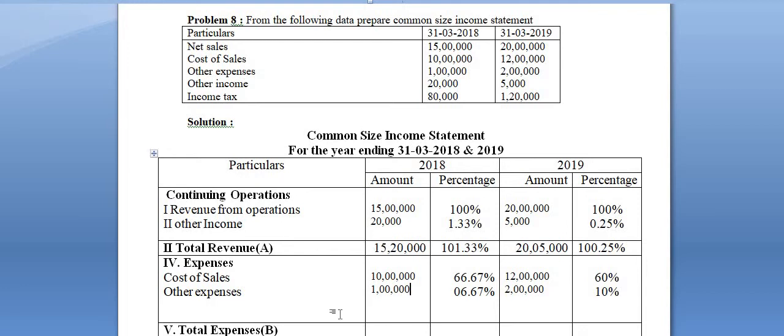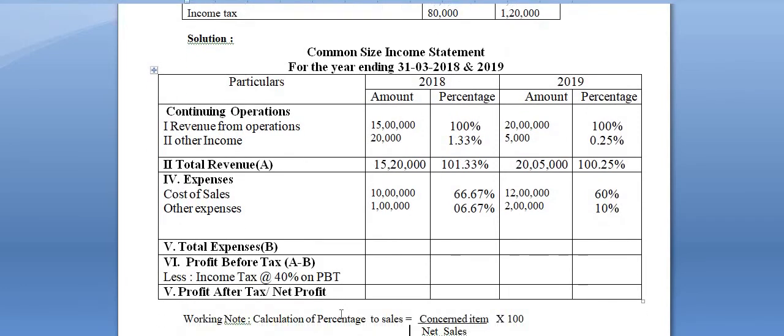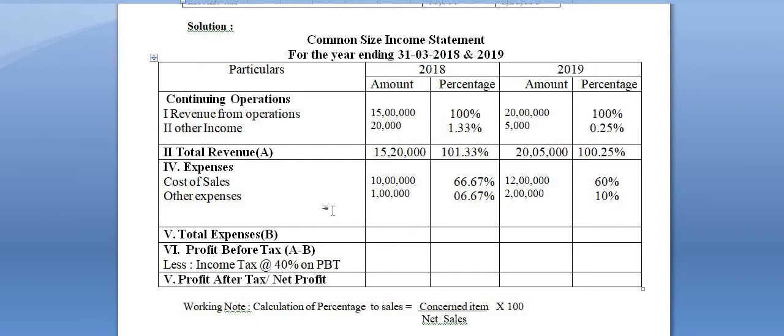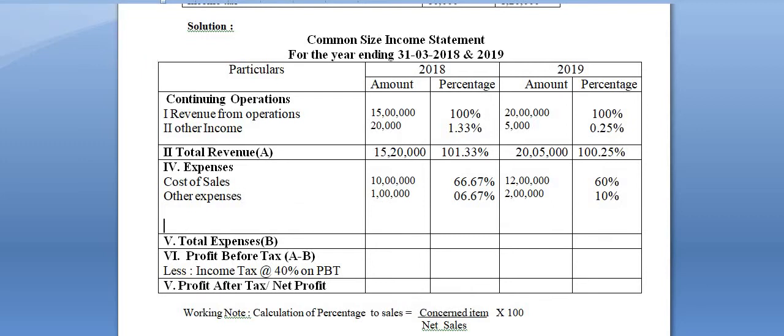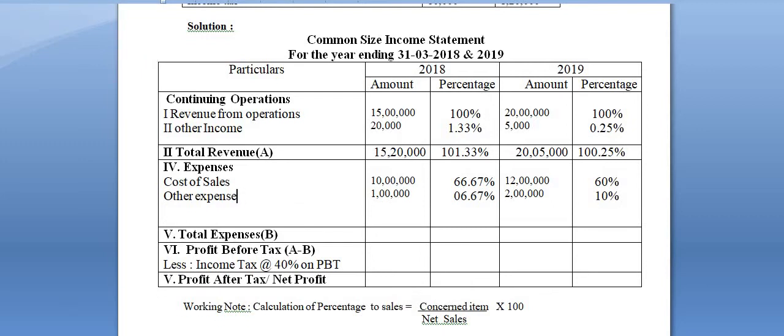Okay, next one is total expenses. Now find out the total expenses here. How will you find out total expenses? Cost of sales plus other expenses. Cost of sales is 10 lakh plus other expenses 1 lakh.